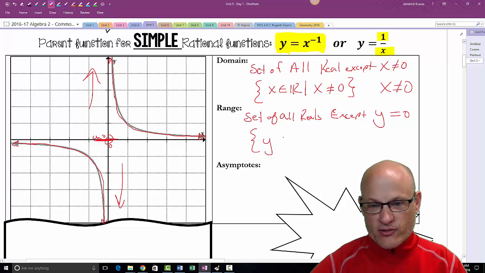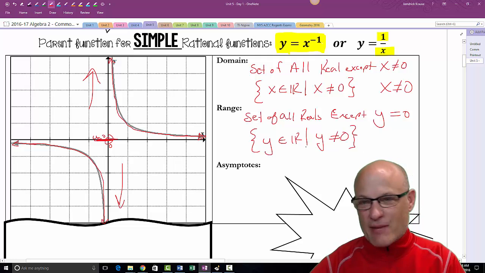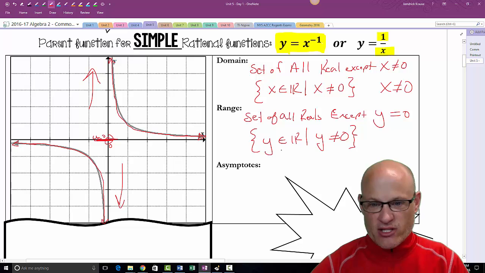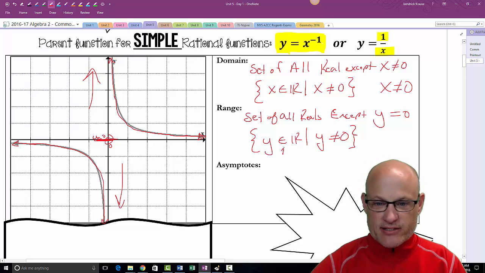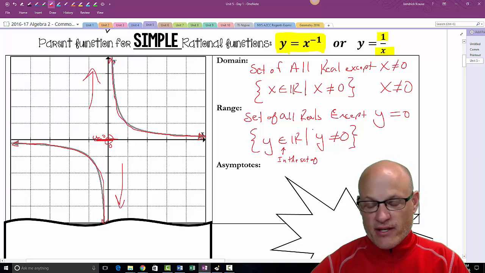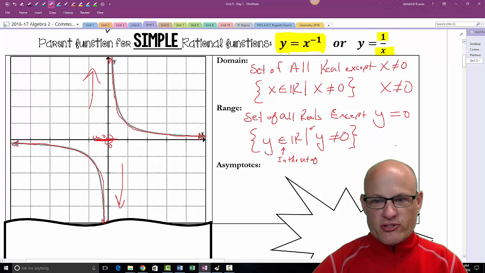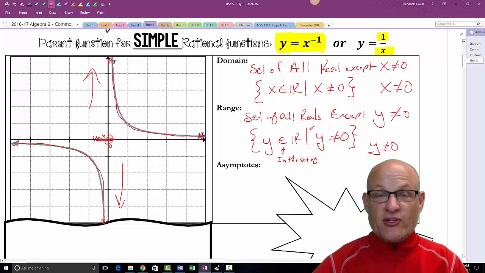Or, in other words, y is in the set of all reals such that y cannot equal 0. You have to understand what that means. This funky looking thing right here means in the set of, and this little line right here means such that. You'll hear your teachers sometimes say that. You could have also just said y cannot equal 0. You could have just written y cannot equal 0. That's a simple mistake.